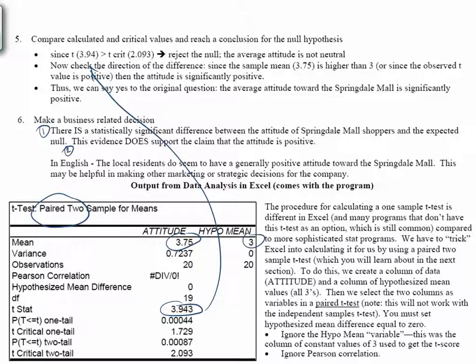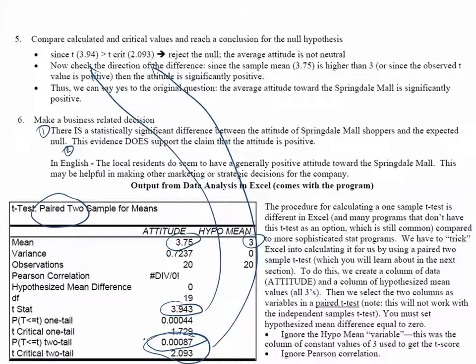is found here, 3.94. Now, even though this is a directional t-test, we're going to use these bottom two numbers, which correspond with a bidirectional t-test. So the t-critical is 2.093 that we found from the table, but we also see this p-value. This p-value is another way that we can test, although it still will always agree with the result that we found before.